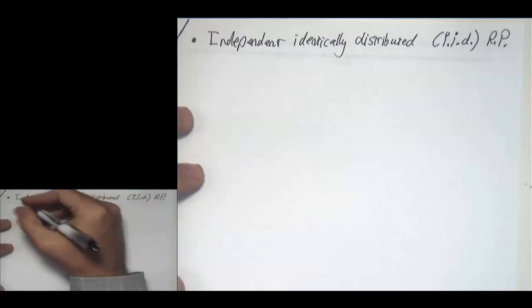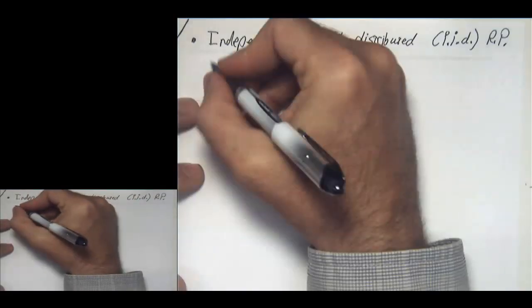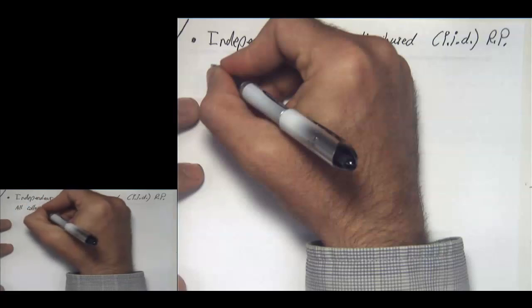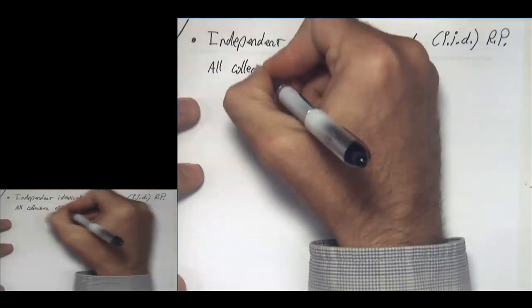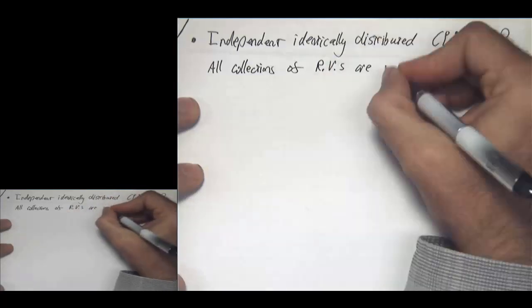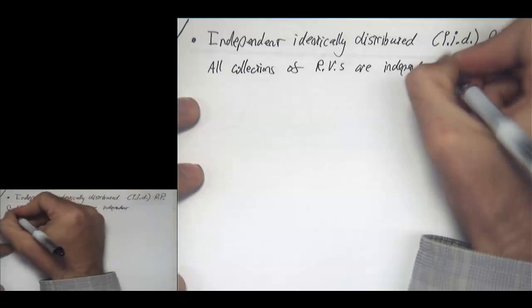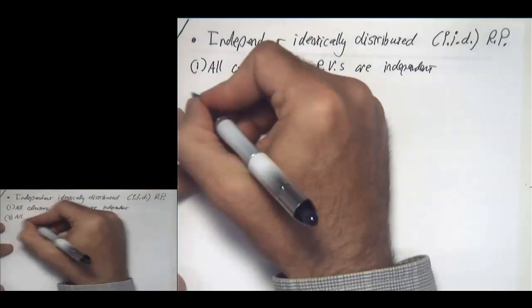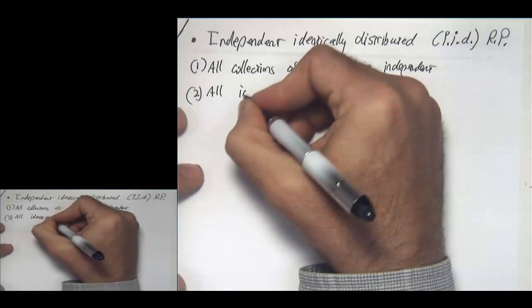For an IID random process, all the collections of random variables are independent. That's first. And second, they're all identically distributed.